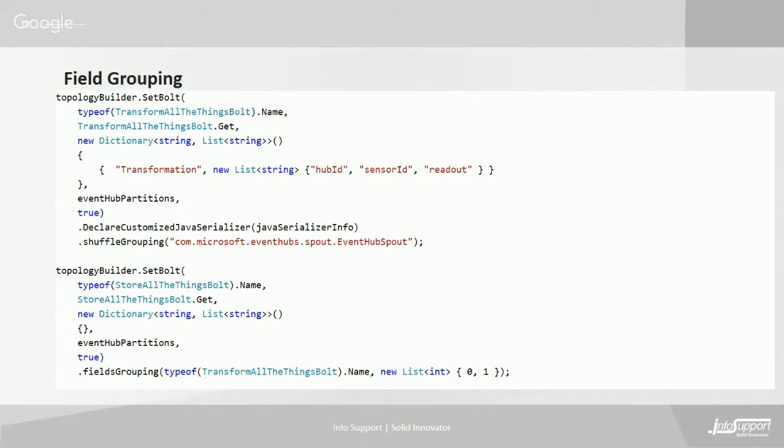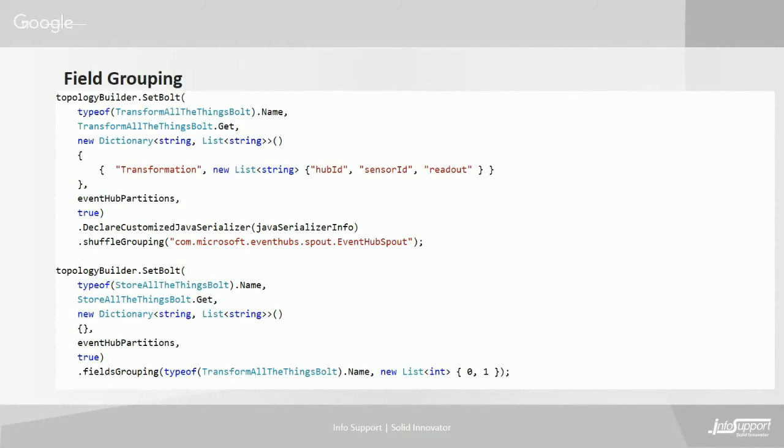Here you can see another incompleteness in the SDK. In all the Java SDKs, you can use those strings which you use over here to name them. You can use them over there, but in the .NET SDK you need to use integers to reference them. So instead, the hub ID means 0 and sensor ID means 1 in this case.